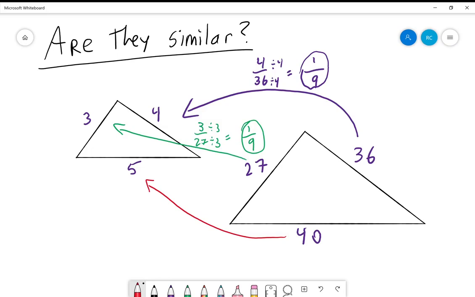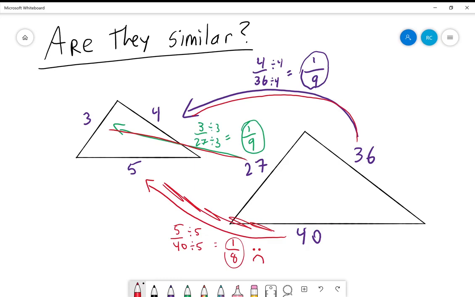Well, if we take 5 divided by 40, well, both are divisible by 5, we get 1/8, which is not the same ratio as the rest. So in other words, this 36 is being multiplied by 1/9 or divided by 9, either way is correct. This one's being multiplied by 1/9, but because this length is being multiplied by something else, in this case 1/8, no, they're not similar.